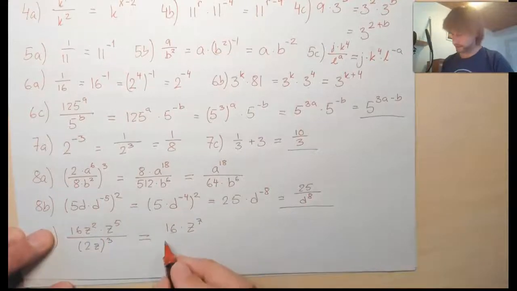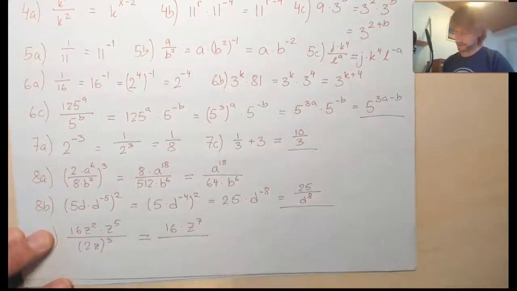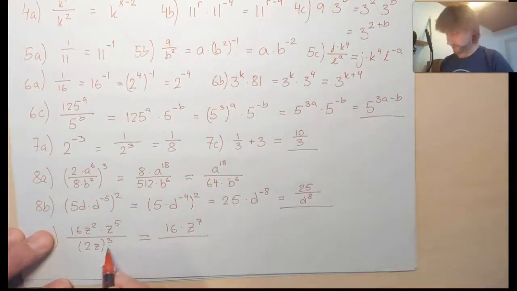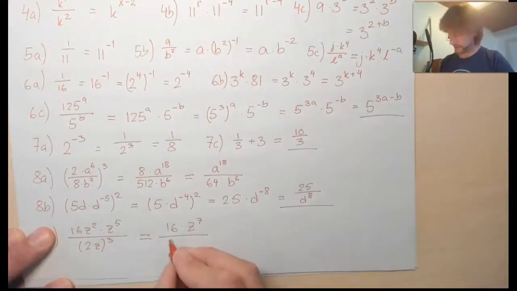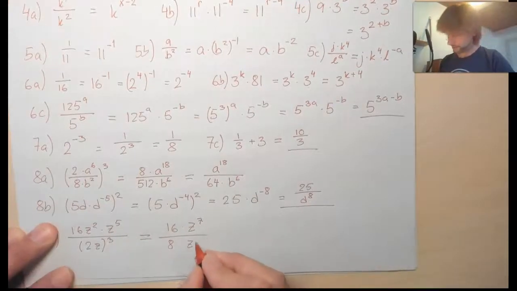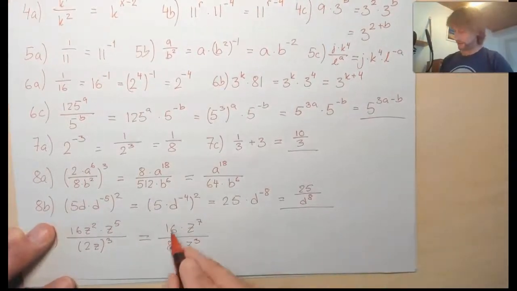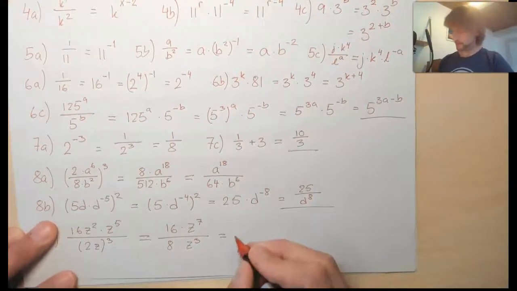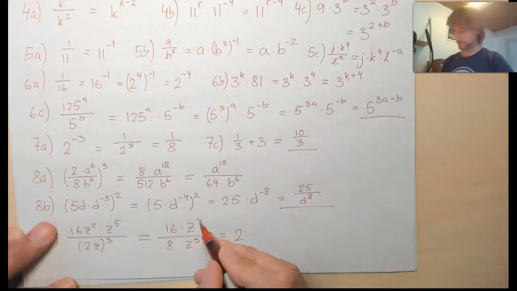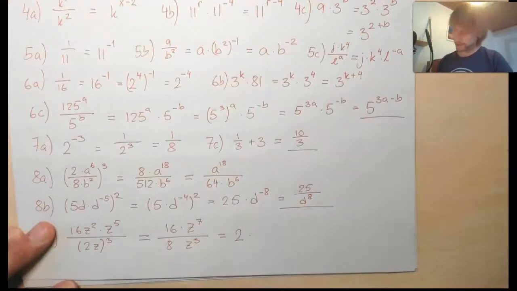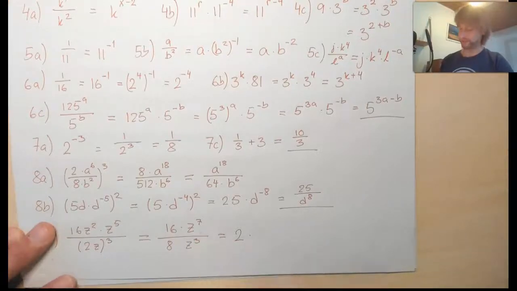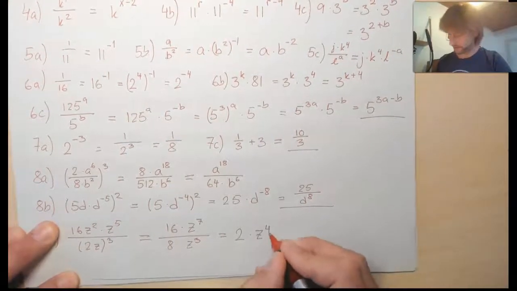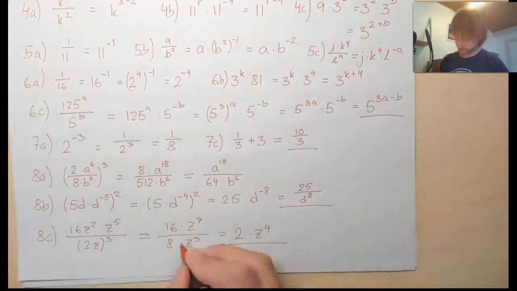I can add the exponents because they are multiplied, same base. 2z cubed, I can put the power of the exponent 3 on both factors, so 2 to the power of 3, that's 8, and z to the power of 3 is of course just z to the power of 3. These 16 divided by 8 become 2, and z to the power of 7 divided by z to the power of 3, I can subtract the exponents. I can subtract 3 from 7, that's going to be z to the power of 4. There was a multiplication right there.